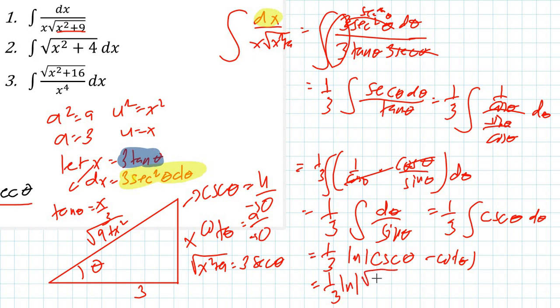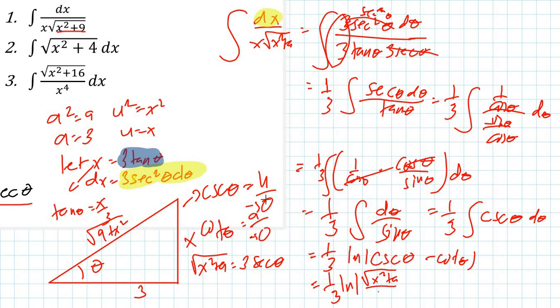So I have ln absolute value of square root of x squared plus 9, sorry for the long word, and then this becomes over 3, and since this is minus and they have the same denominator of x, not 3x, my bad.